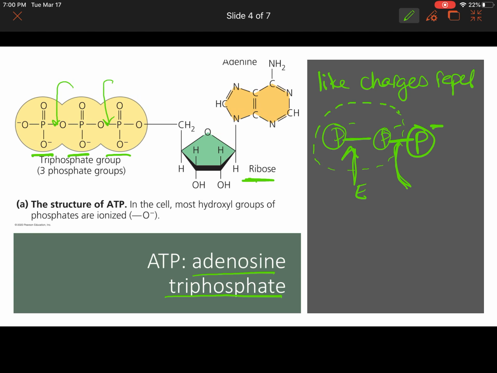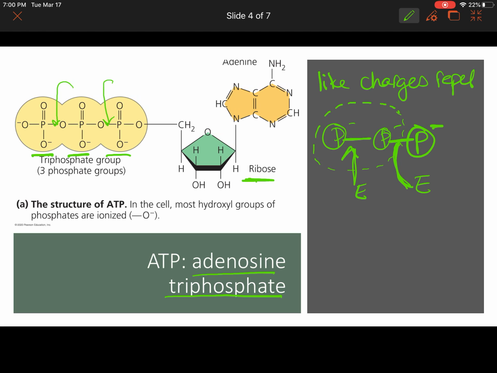So there's even more energy stored in that bond. Okay, so because of the energy that's stored in those bonds, ATP is a source of molecular energy.